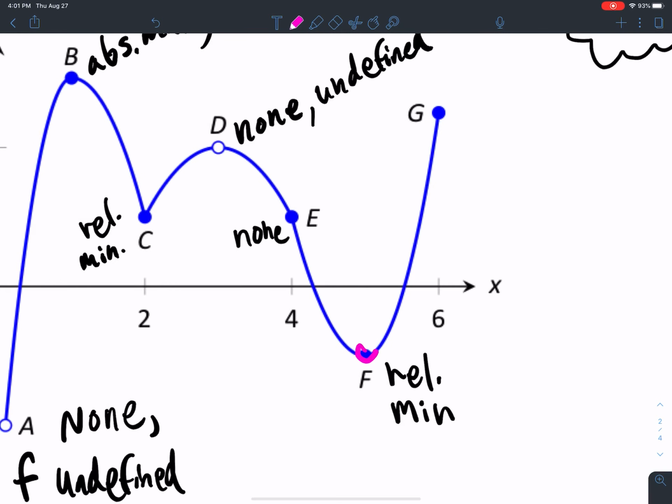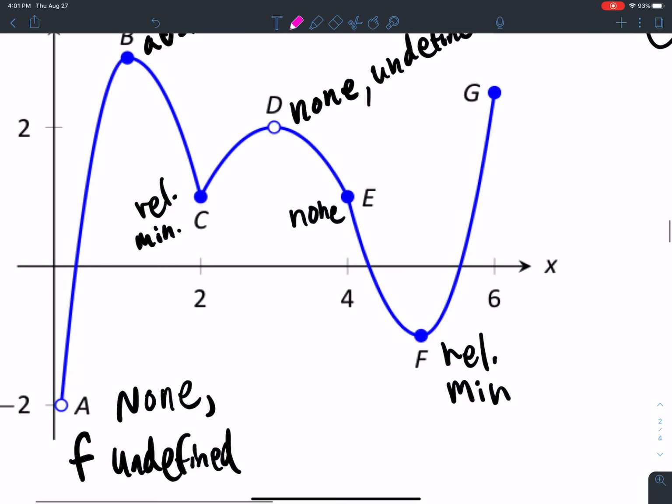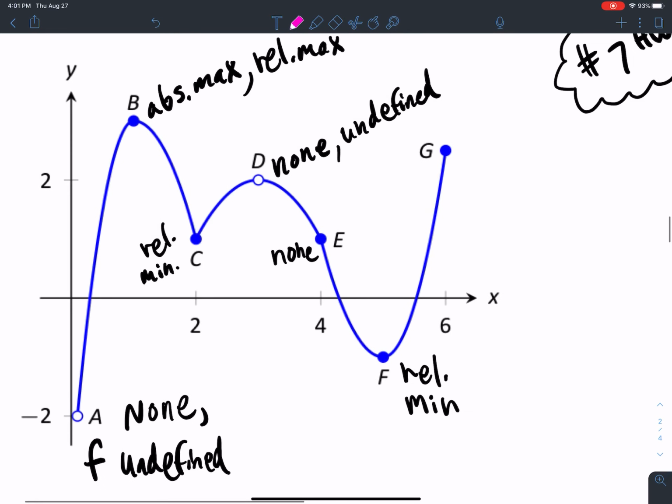Down here, we've got a defined point. It's a relative minimum. All the y values around it are bigger, so this is the smallest one, so it's the relative minimum. Now, why is it not the absolute minimum? Well, even though it's the lowest one right here, what do we see?